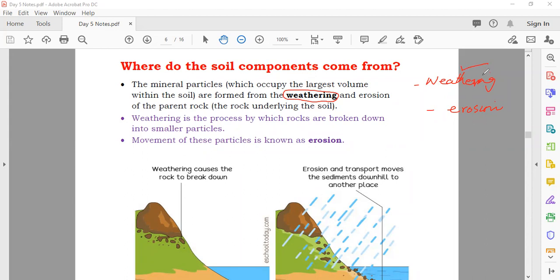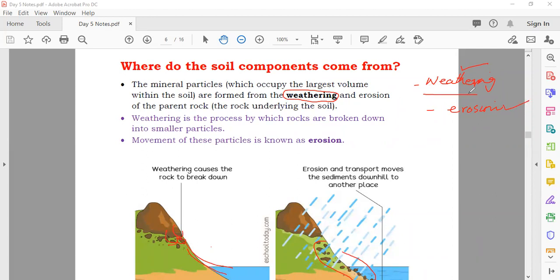But if, for example, this is a particle here, with air or water, they move from one place to another, as you can see in this diagram. The movement process of these small particles is known as erosion.